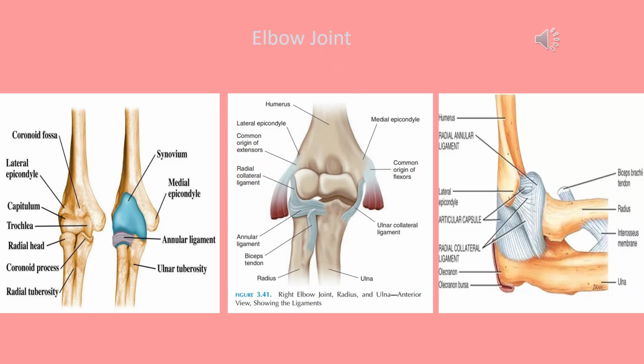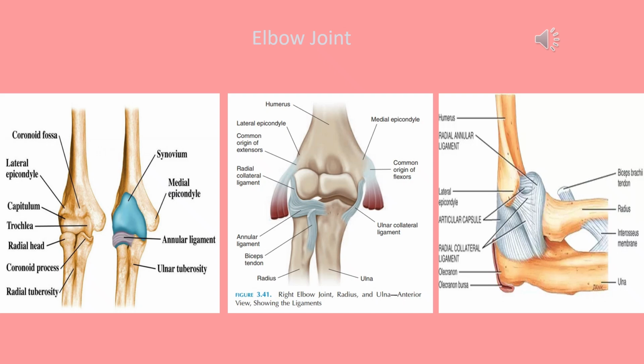There are 3 principal ligaments holding these bones together. On the lateral side, attaching the lateral epicondyle of the humerus to the head of the radius, that is the radial collateral ligament.